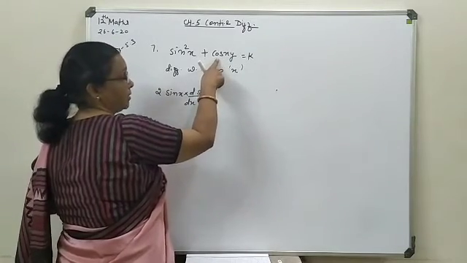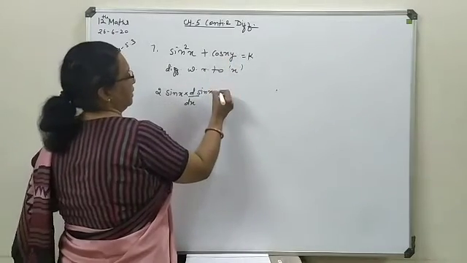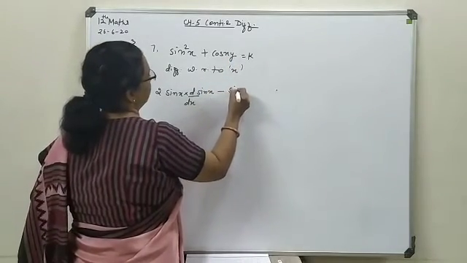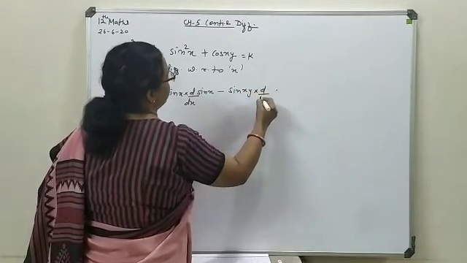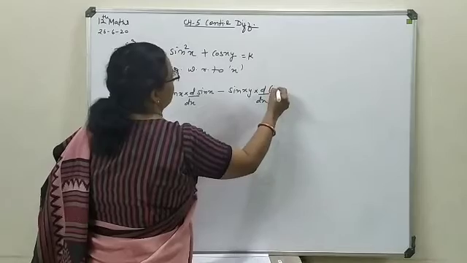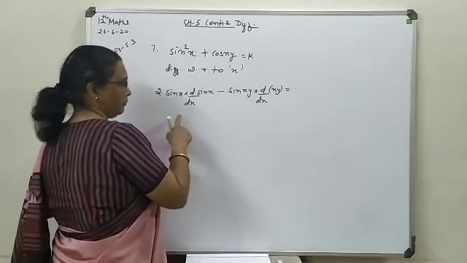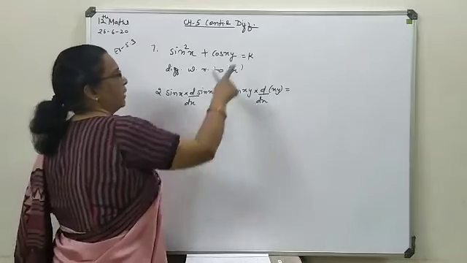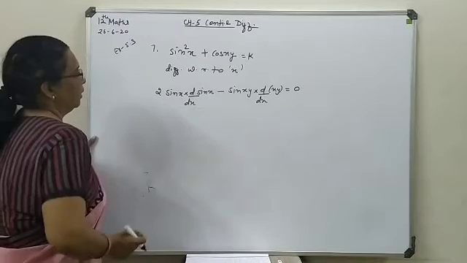So the derivative of cos xy you can write as minus sin of xy, and then as a product form you will write the differentiation of xy. Here directly also you can handle, but here I am writing in 2 steps. Derivative of constant is 0.